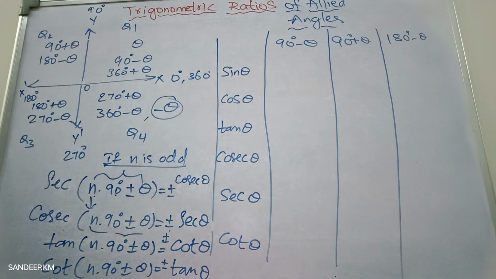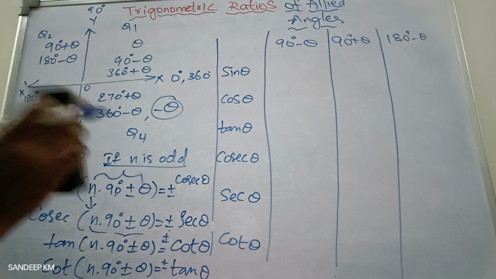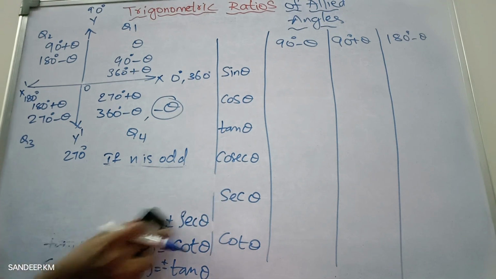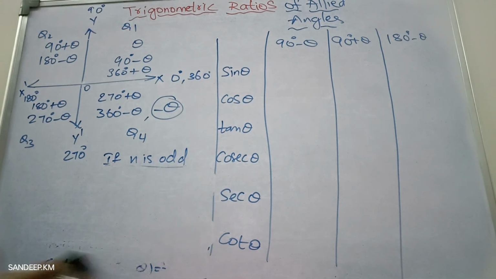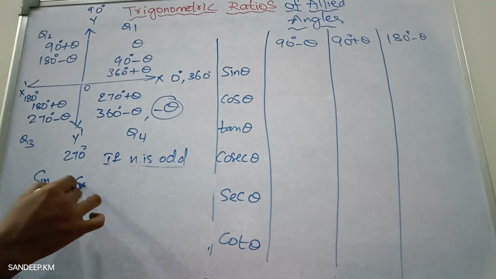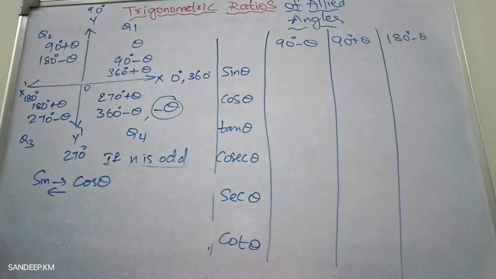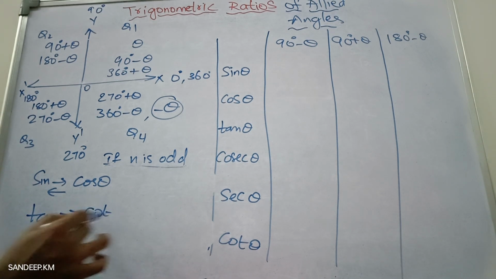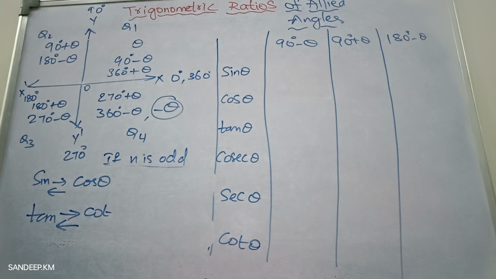So therefore, dear students, to make it simple, if n is odd, sine becomes cos and cos becomes sine. Tan becomes cot and cot becomes tan. Sec becomes cosec and cosec becomes sec.